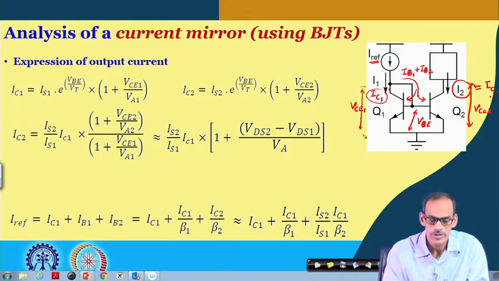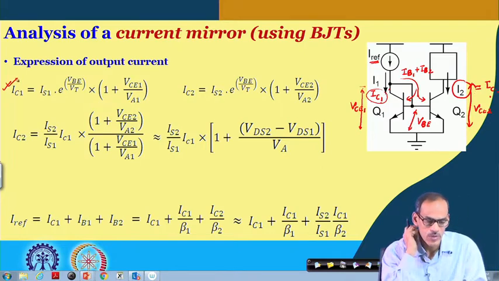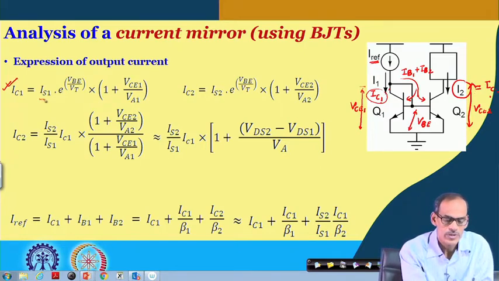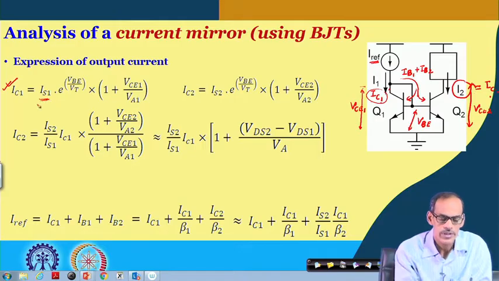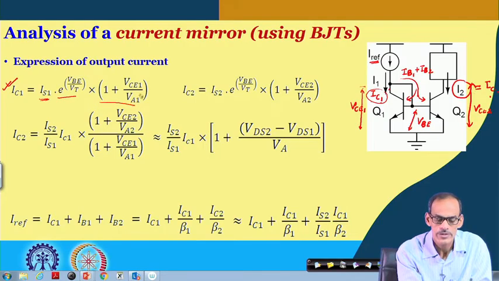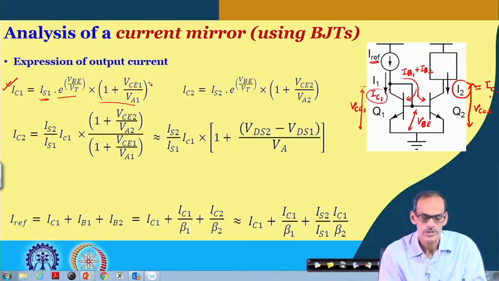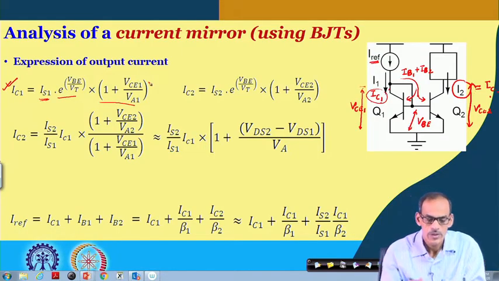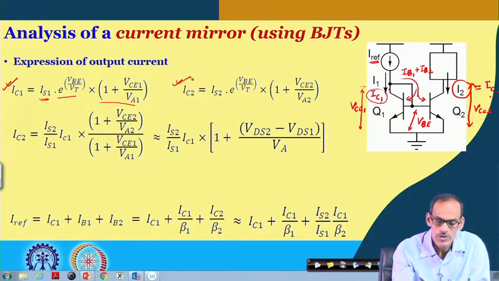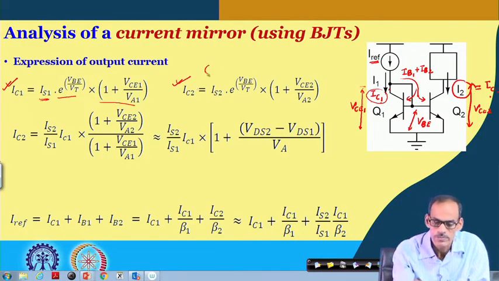Assuming that both the devices are in the active region of operation, we get a similar kind of expression for IC 1, which is the reverse saturation current multiplied by e power VBE by VT multiplied by 1 plus VCE divided by the early voltage of the transistor. Same thing, we have the expression of collector current for transistor 2.